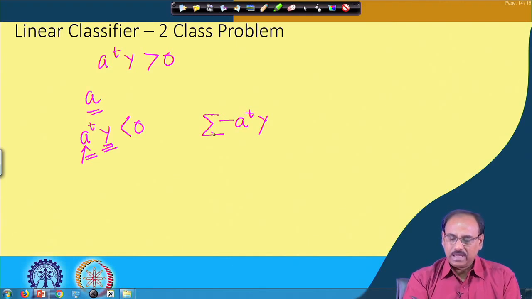So, I compute an error, say j, which is equal to the sum of minus A transpose y for all y which are misclassified.